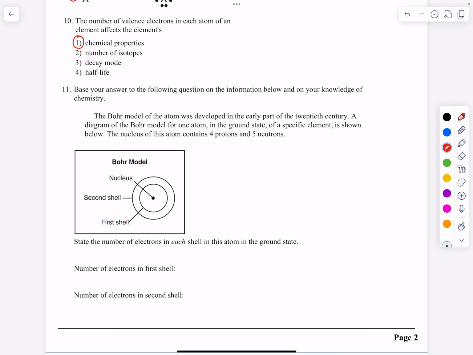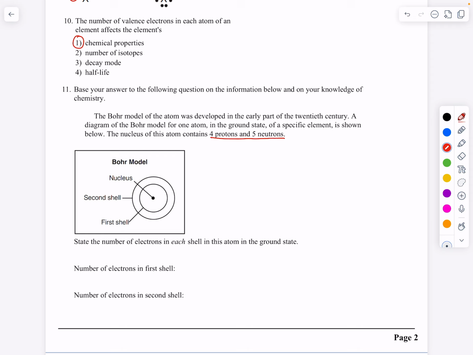Here we have a Bohr model. So here's the diagram below of a specific element. The nucleus of the element contains 4 protons and 5 neutrons. We have a picture. State the number of electrons in each shell of this atom in the ground state. So first of all, we have to figure out what element this is. It says at the top that it has 4 protons and 5 neutrons.